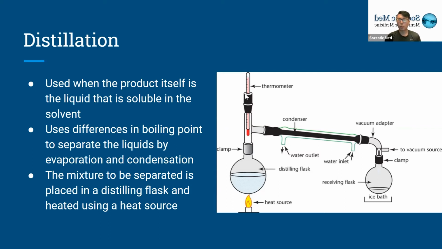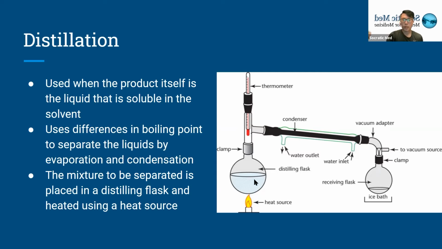Since there is a difference in boiling point, if a liquid is distilled at like 37 degrees Celsius, you will know what liquid that is. But when another liquid boils at like 80 degrees Celsius, that will be a different liquid. So you will know that there's a difference between the two liquids based on the differences in boiling point.